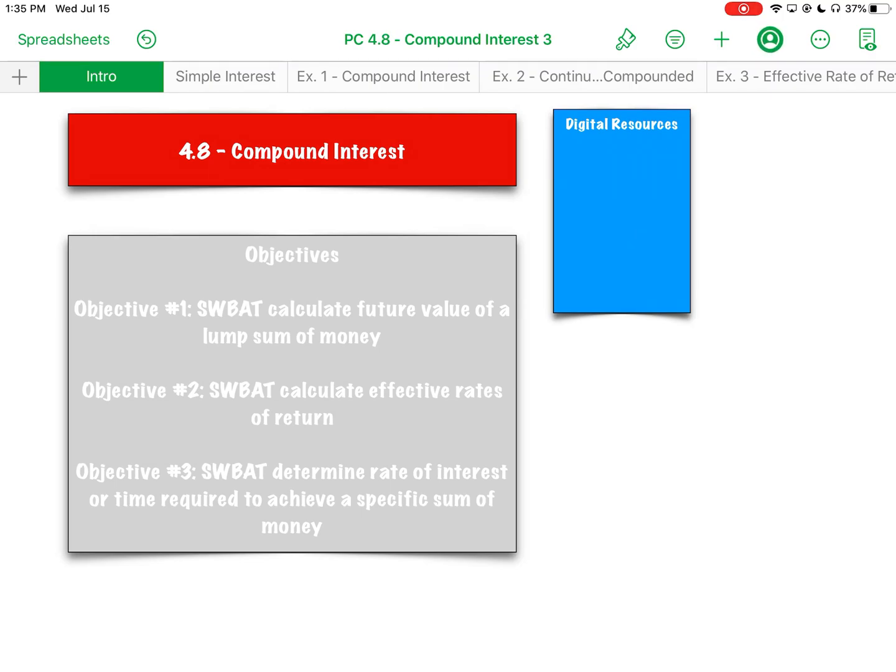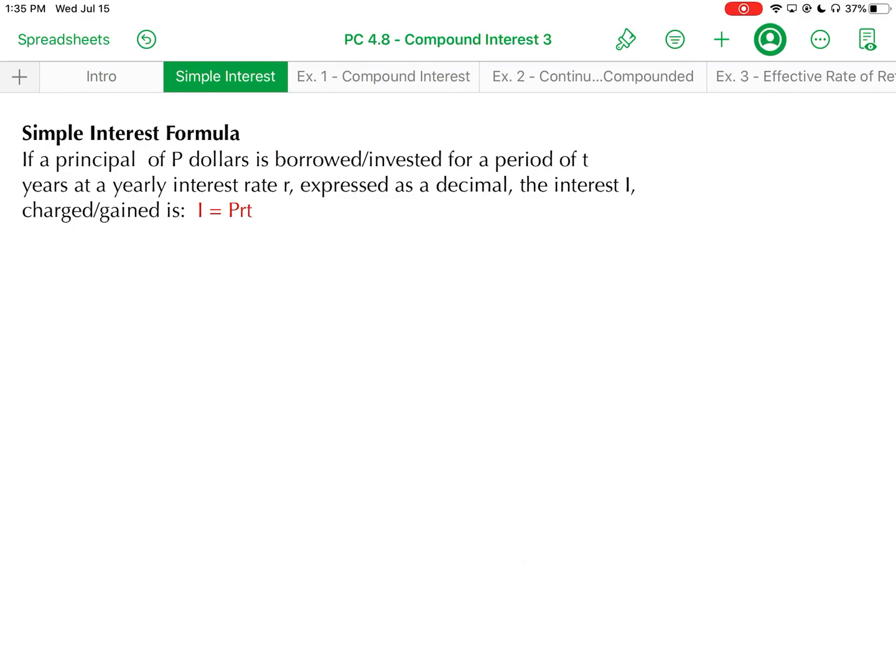There are two types of interest: simple interest and compound interest. So let's look at simple first. Let's say you have a principal of P dollars that's being borrowed or invested for a period of T years at a yearly interest rate R, which will need to be expressed as a decimal.